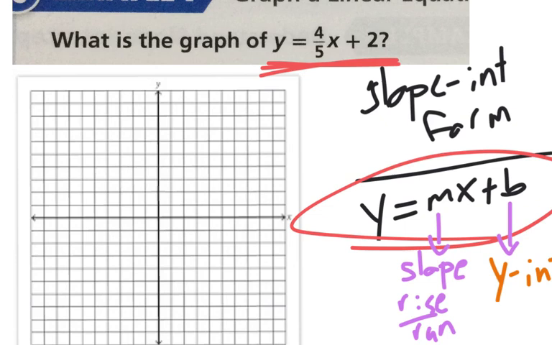Where the graph crosses the y-axis. That's why it's a y-intercept. So here, if the y-intercept is 2, that means we cross the y-axis at 2. And that's where I'm going to begin. Go to the y-axis. Plot a point.